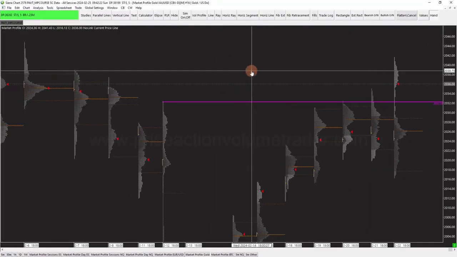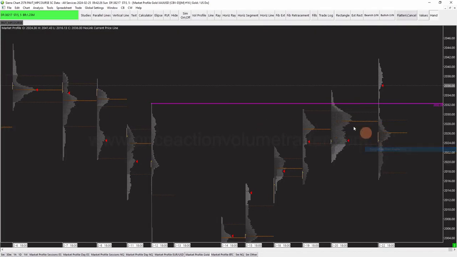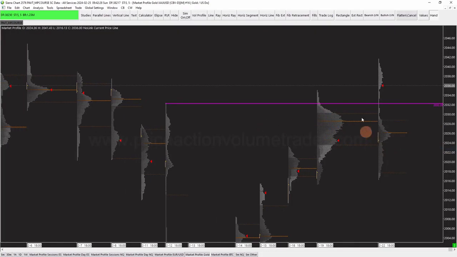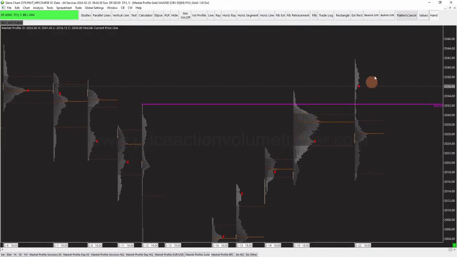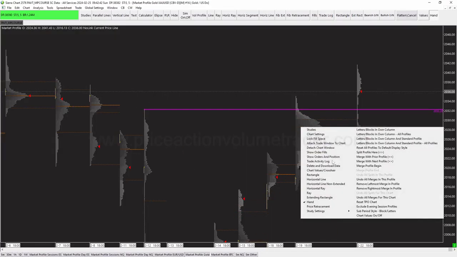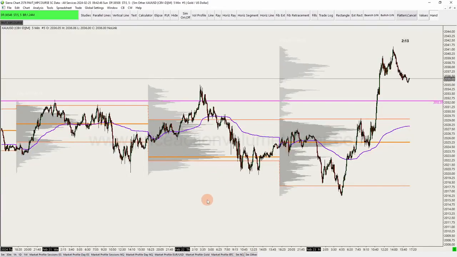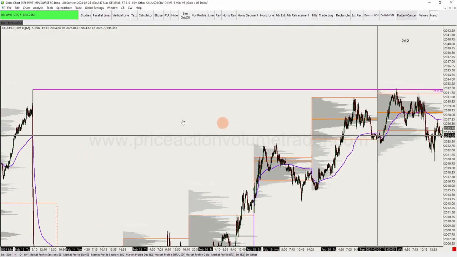If I bring up the chart, here's the same chart we were looking at. Again, we could merge this and make it one big profile. You can see how now we've had a confirmed close outside of our value area, and we are now trading above last week's high. If we go into a lower time frame, this is a 5-minute chart.